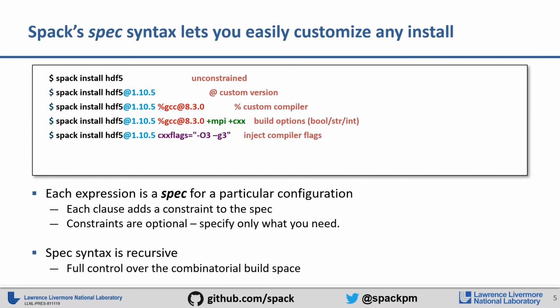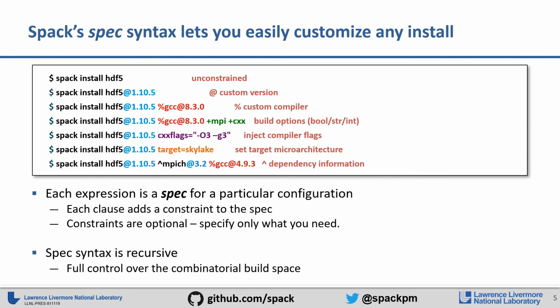You can inject flags into builds, which is handy for HPC if you want to test different optimization settings. You can target specific microarchitectures, so we have support for that. And you can specify any of this for dependencies. The syntax is recursive, and that lets you very easily play around with packages and get them working on new platforms. So it puts Spack in a nice position to support ARM, because there's really not all that much that we have to do with the packages to make it work.